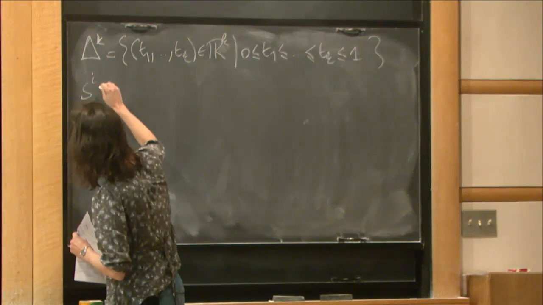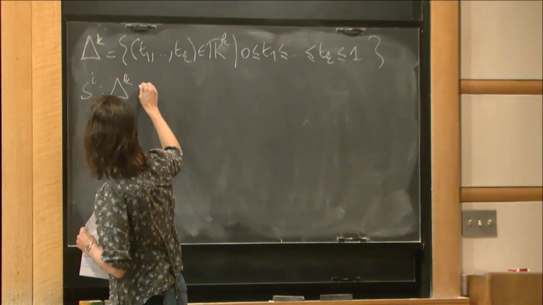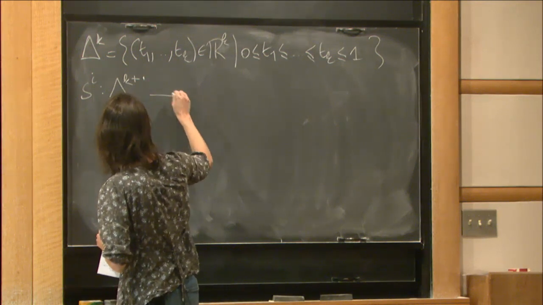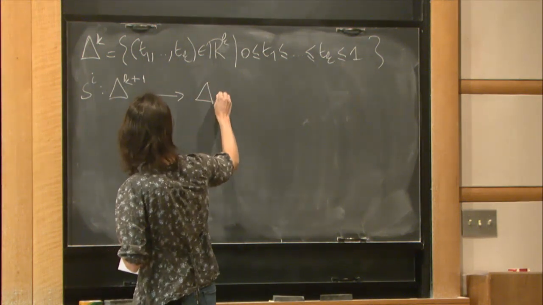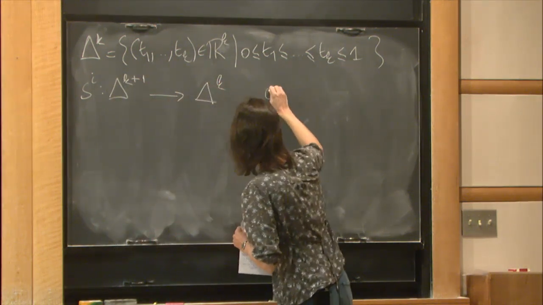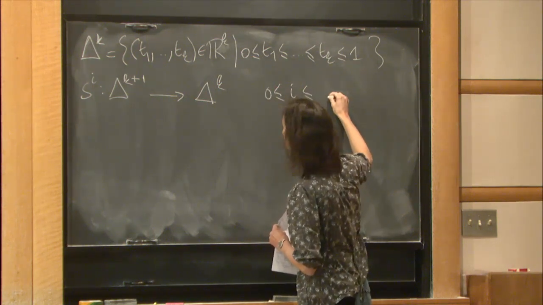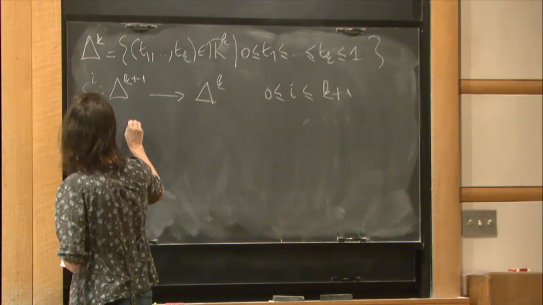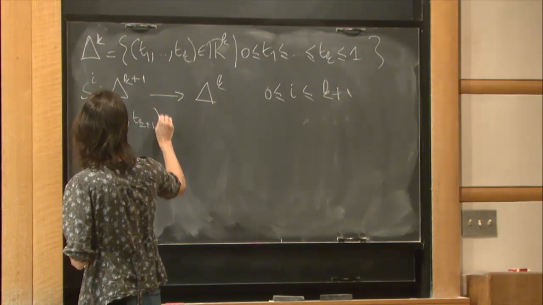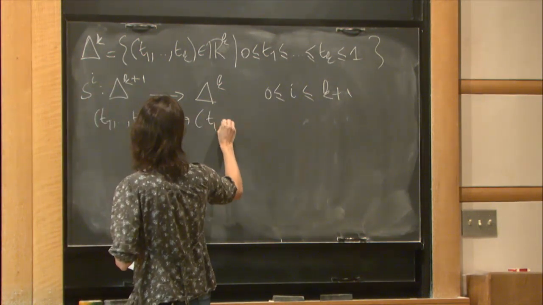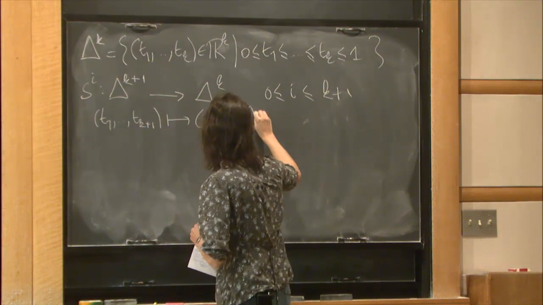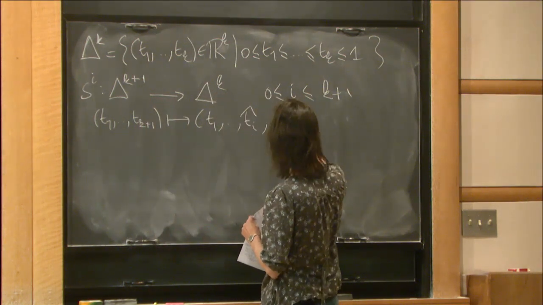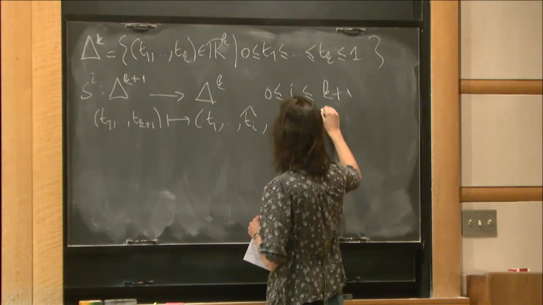There's a map s_i from delta k plus 1 to delta k, for every i between 0 and k, that takes (t_1, ..., t_{k+1}) to (t_1, ..., t_i hat, ..., t_{k+1}). I forget the i-th coordinate. That's the one I just described.